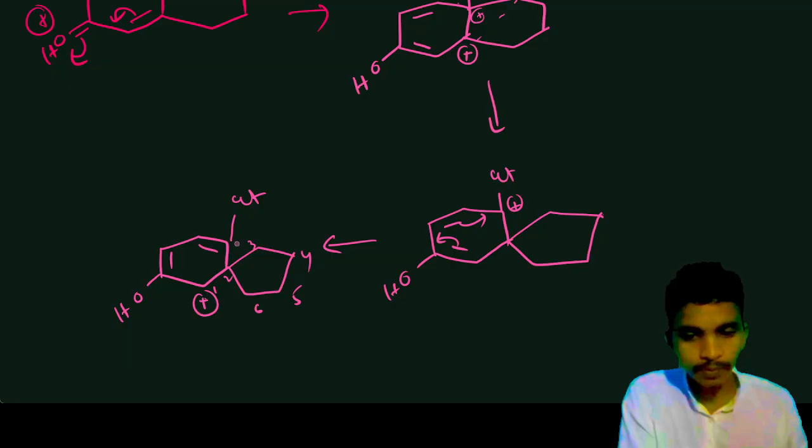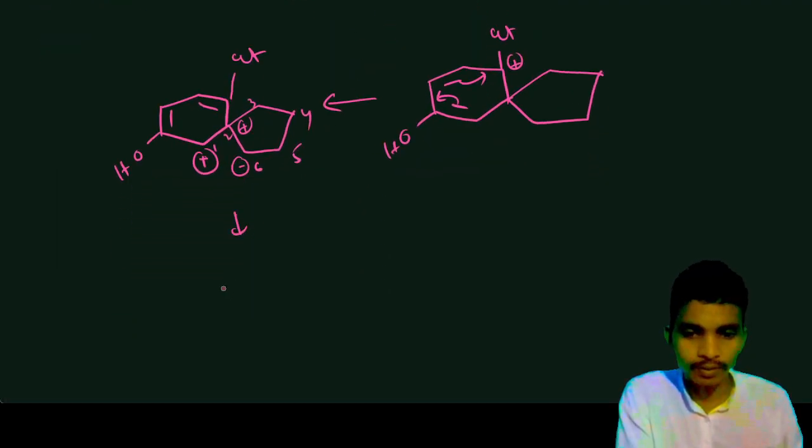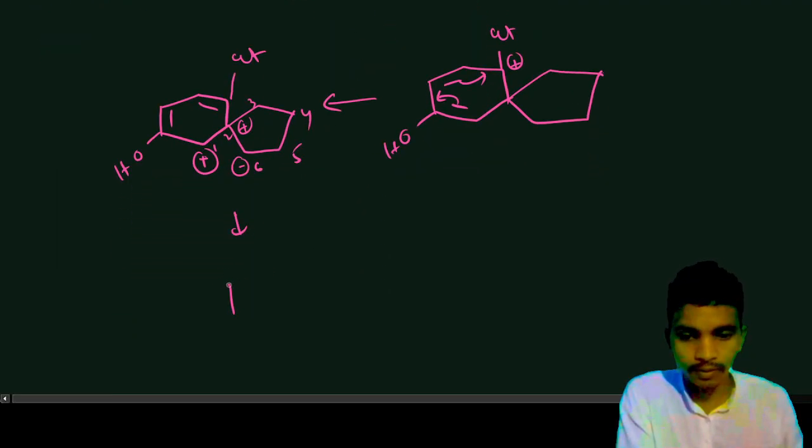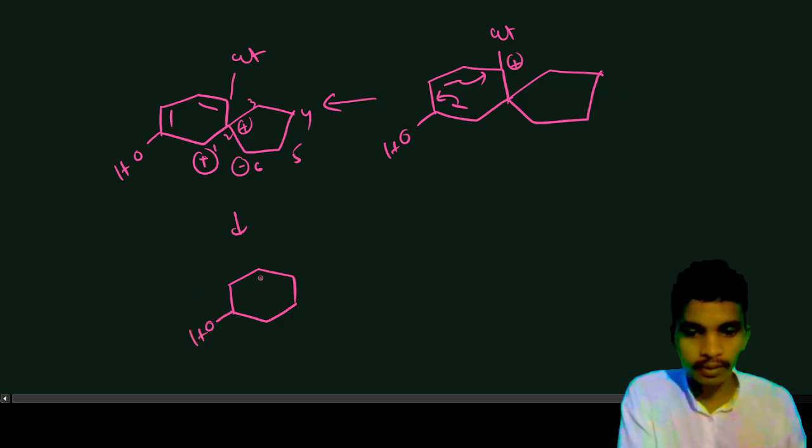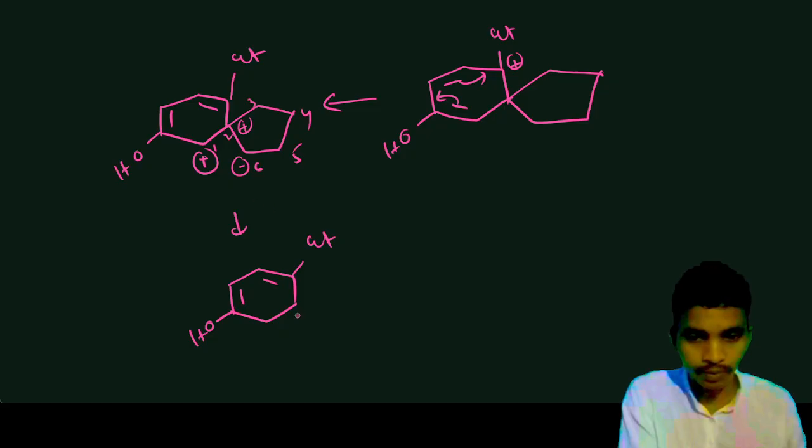So this is positive and this is positive. I want to make the bonds with this. Let's say this is negative, then this has to be positive, so 2 will get the positive charge. Here we have the OH and the ethyl, and 1 and 6 will make bonds.